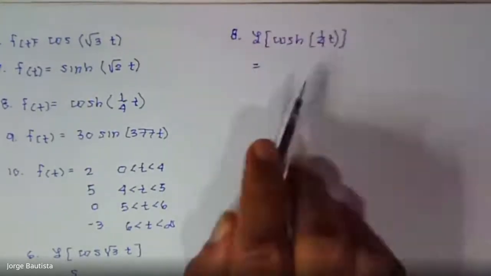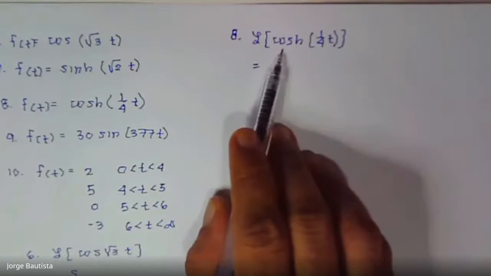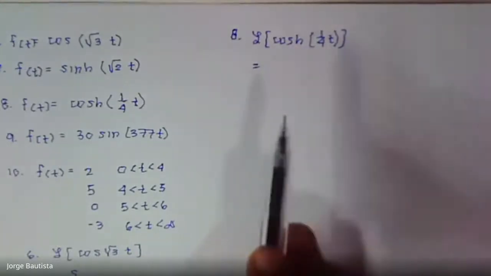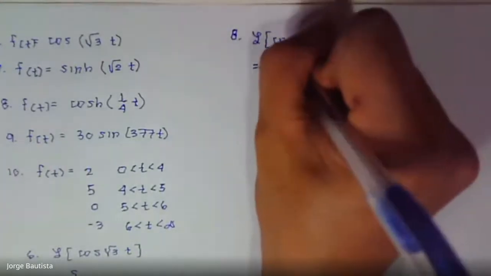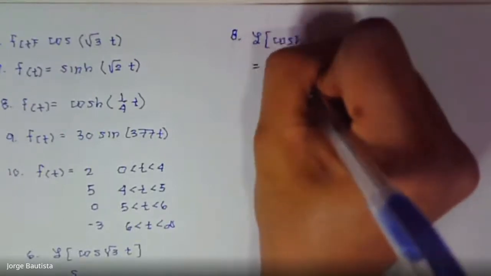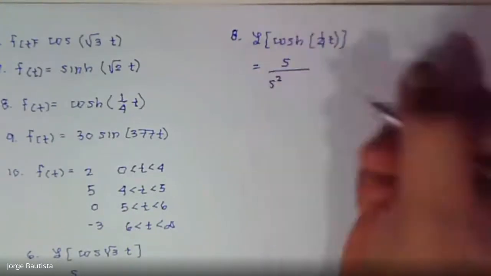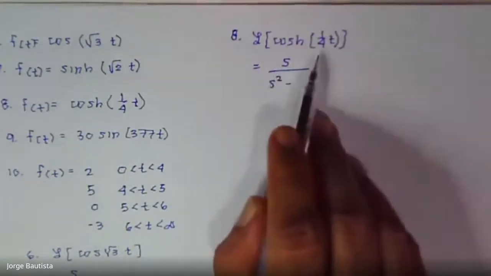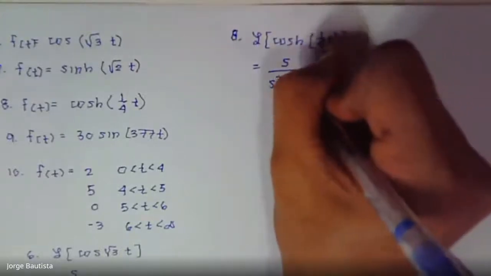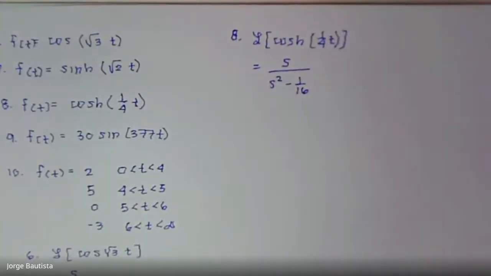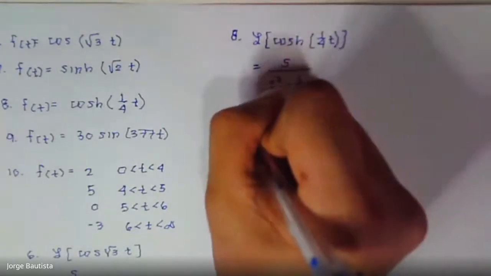So, since this one is cosine, ang Laplace transform ng cosine ay s sa taas. Tapos hyperbolic, so minus. Okay? So, s over, so we have s squared minus, squared mo yan, 1 over 16. Okay? That is hyperbolic.